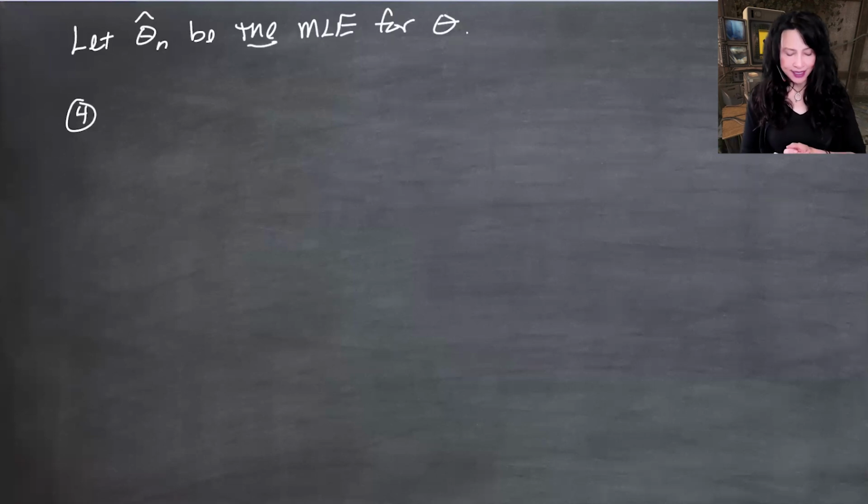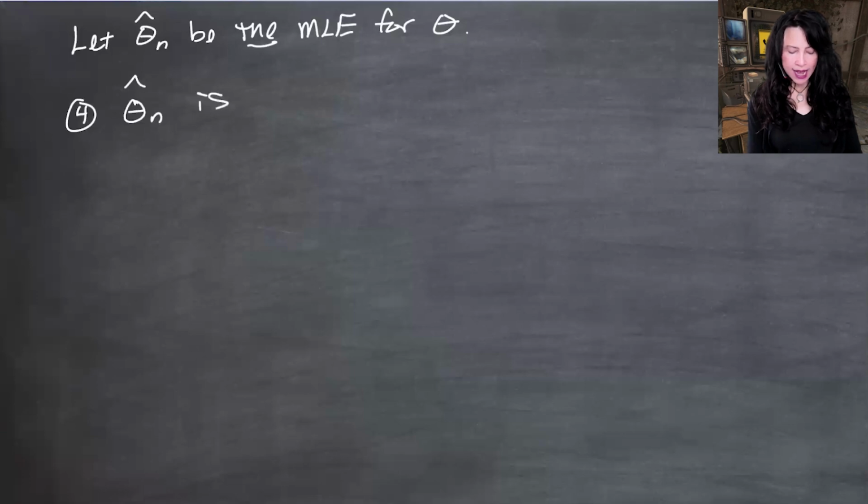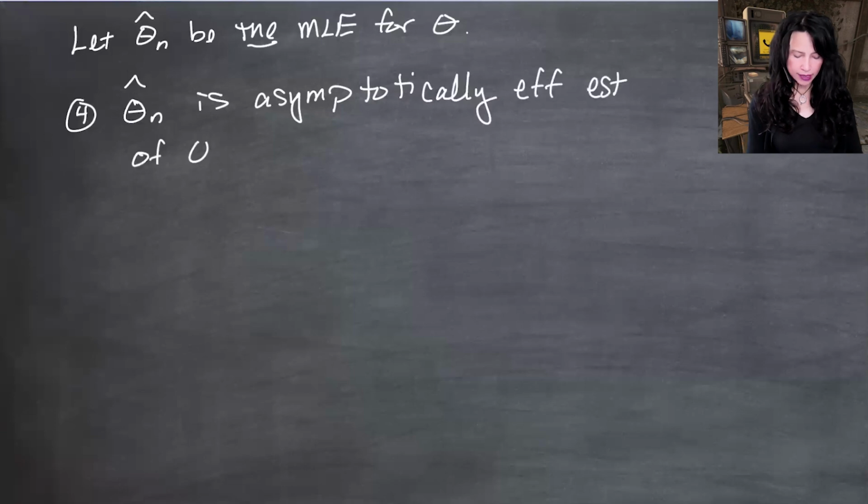So I'm not going to say an MLE. And property 4 says that the MLE is an asymptotically efficient estimator of theta.